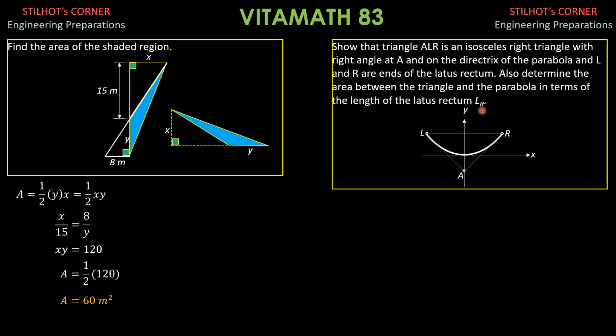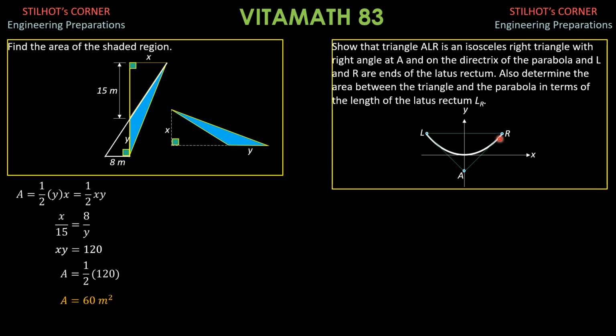This may be important, or this should be important in your future endeavors. So this is the parabola open upward, and these are the ends of the latus rectum. Therefore, the intersection with the y-axis, which happens to be the axis of the parabola, is the focus supposedly. And these are the tangents at the ends of the latus rectum.